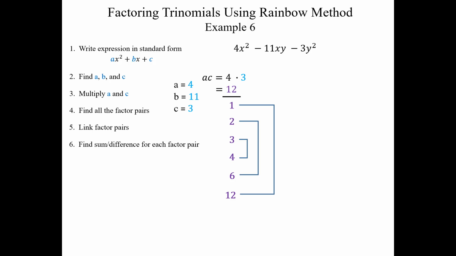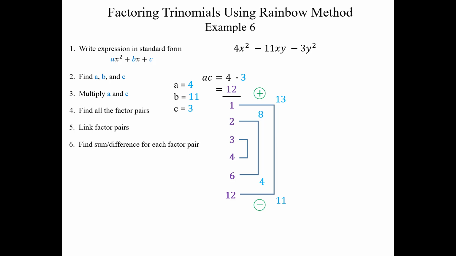Now we'll find the sum and difference for each factor pair. We'll put the sums on the upper corners and the differences on the lower corners. So 1 and 12, the sum is 13, and the difference will be 11. For 2 and 6, the sum is 8, and the difference is 4.